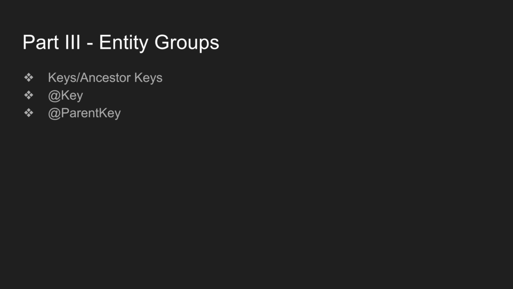In this session, we're going to talk about entity groups. Entity groups are a feature provided by Google's Cloud Datastore to organize your data into hierarchical structures. For example, if you have an entity called user and you want to store all the user information under this particular user entity.